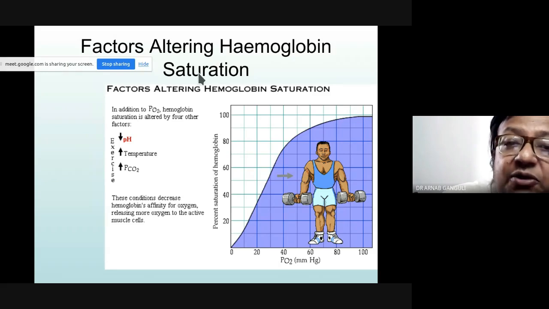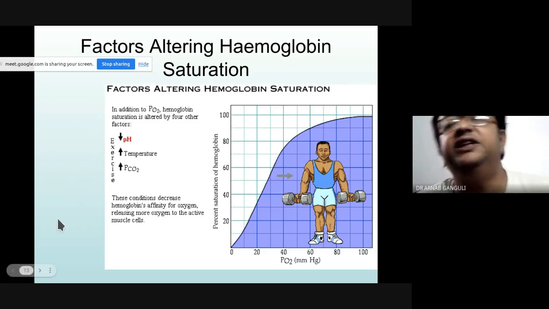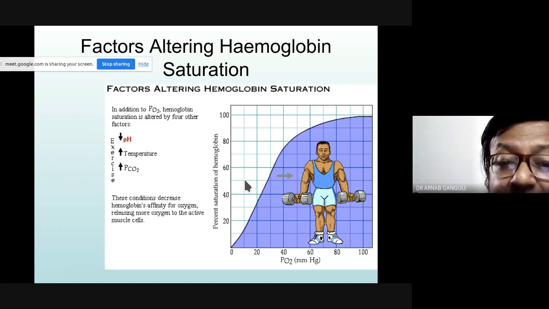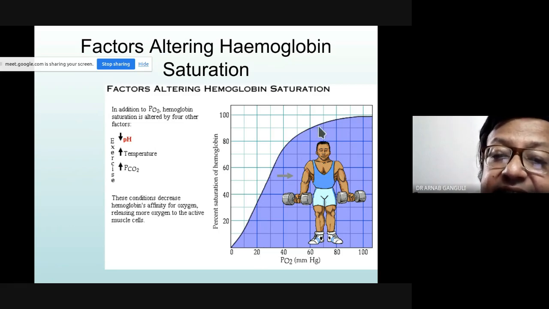Factors which alter the hemoglobin saturation. What influences saturation? You know that hemoglobin is 40% saturated at 20 mmHg, and at different mmHg it has different levels of saturation. Sometimes this curve shifts towards the right, or towards the left.